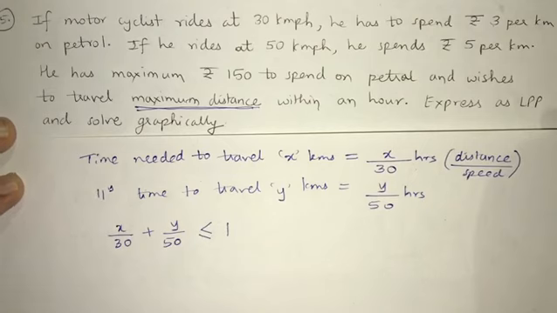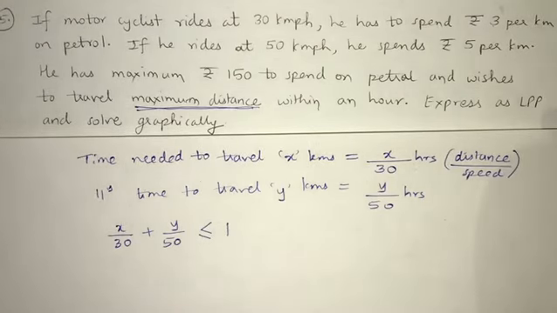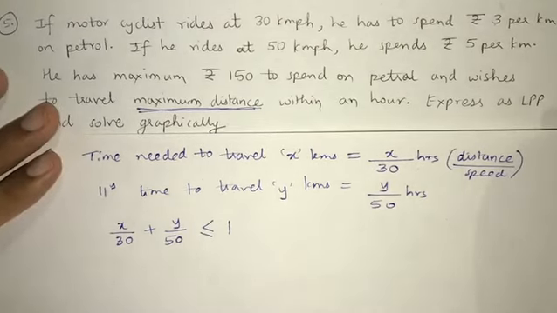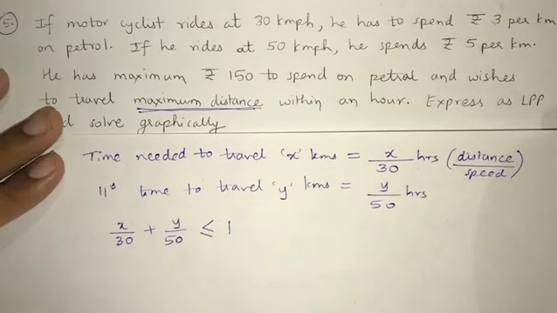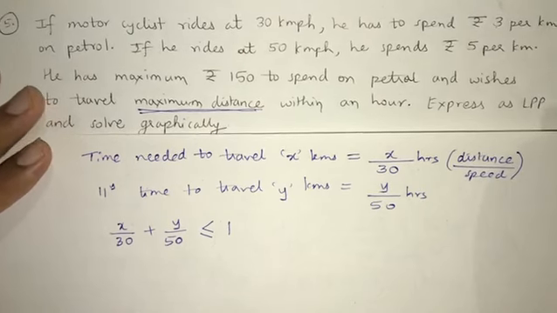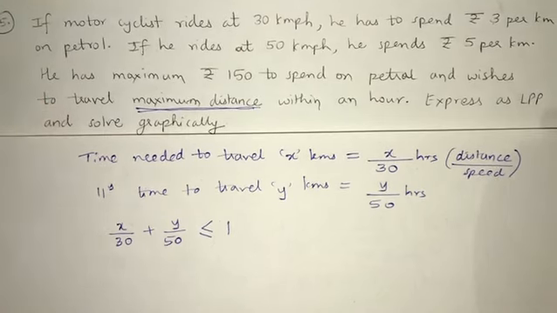That is the second constraint. The total time spent traveling has to be less than or equal to 1 hour. That is the time constraint we have.